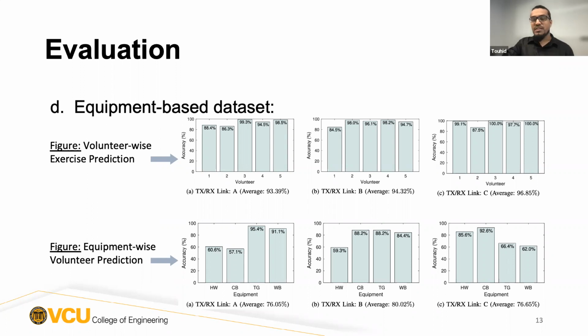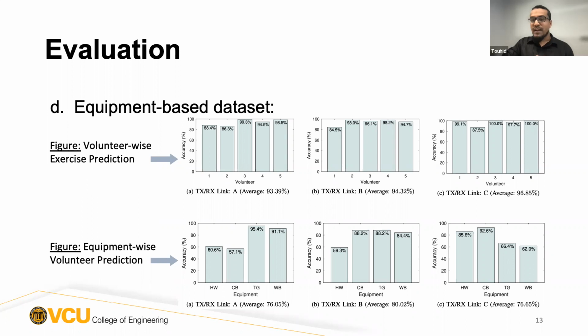Alternatively, the bottom 3 bar charts show that no single TXRX link achieves high prediction accuracy for person identification at all equipment locations. This is because person identification relies on understanding details such as height, weight, and the way in which a volunteer performs each activity.